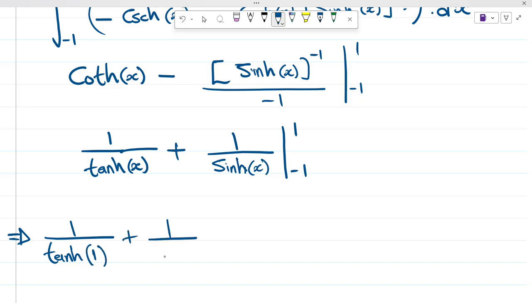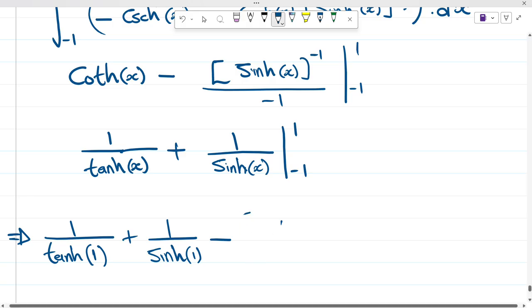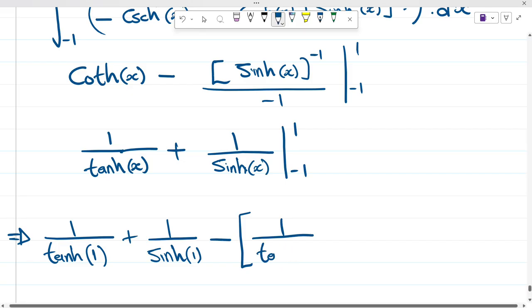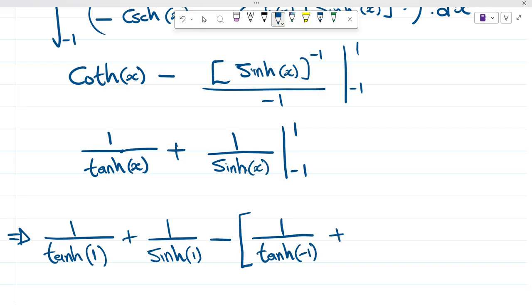Plus, we're starting with the upper limit, right? So this is going to be a hyperbolic sine of 1 minus 1 divided by hyperbolic tan of -1 plus 1 over hyperbolic sine of -1.